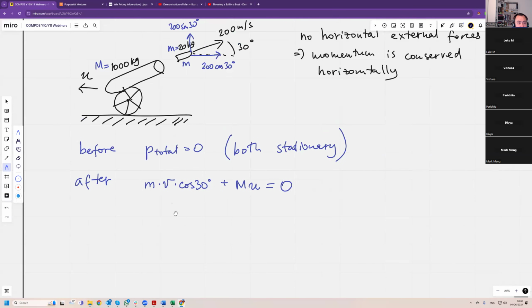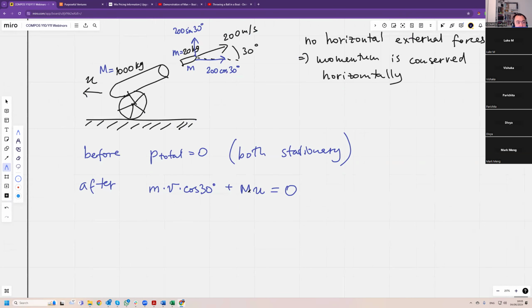And therefore, because we know the mass and the velocity, we can calculate u. u is equal to minus m v cos 30 divided by capital M. So that's minus 20 times 200 times square root of 3 over 2, cos 30, divided by 1,000.